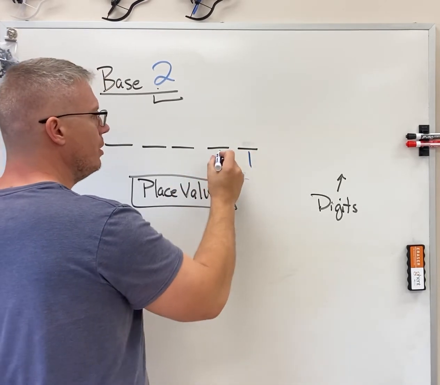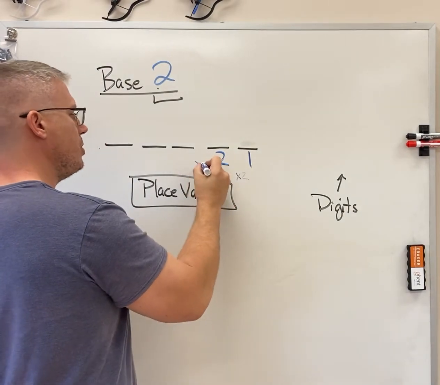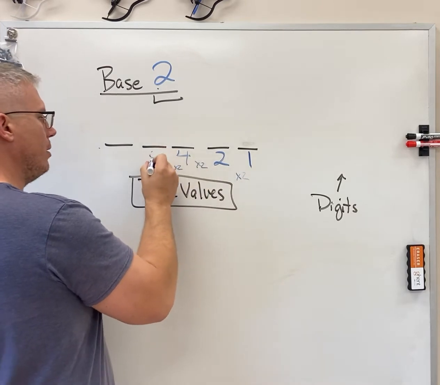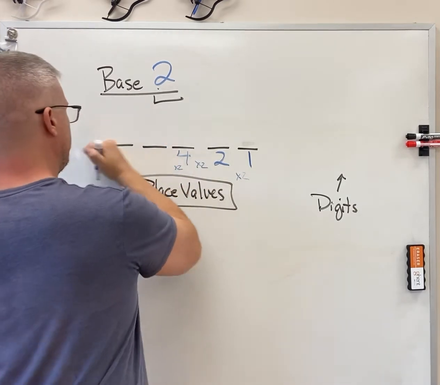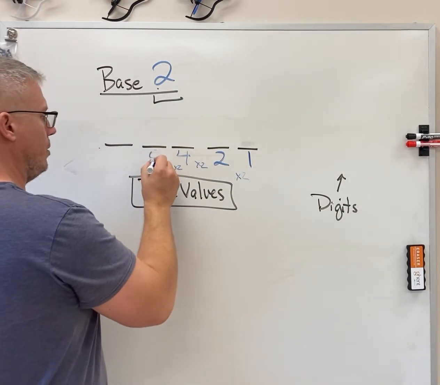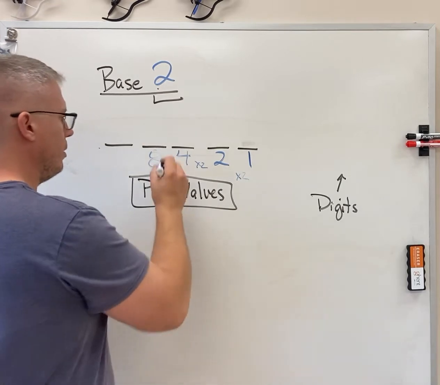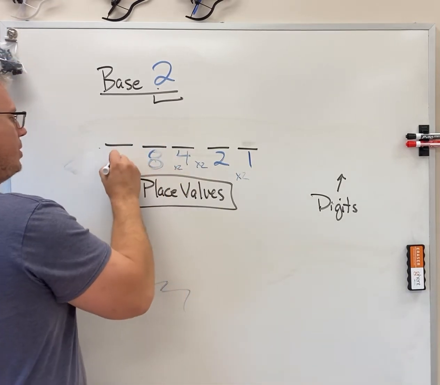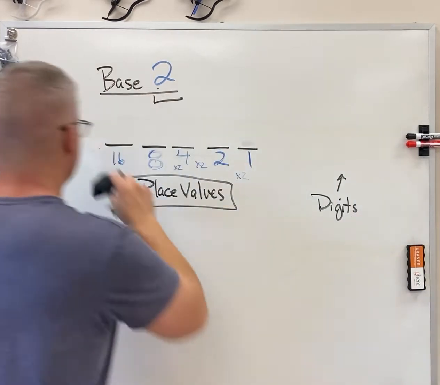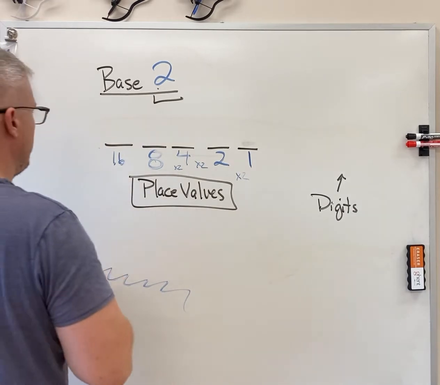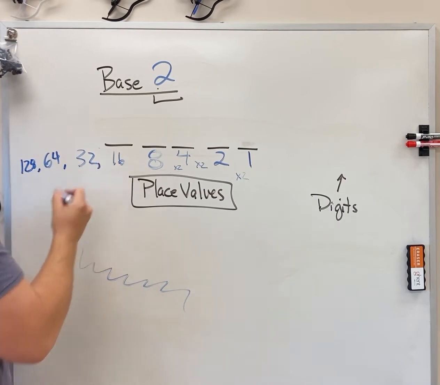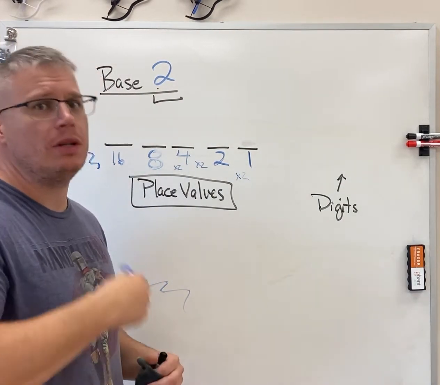So times 2, 1 times 2 is 2. Times 2, 2 times 2 is 4. Times 2, 8. Sorry, my marker's running out. 8 times 2, 16, 32, 64, 128, etc. If you need more, just multiply by 2.